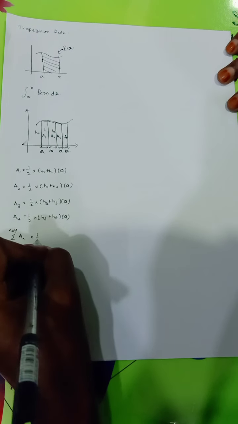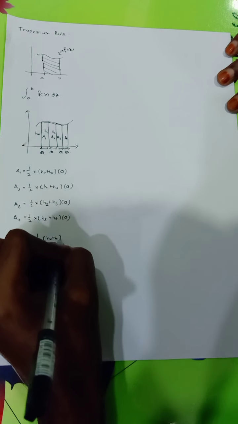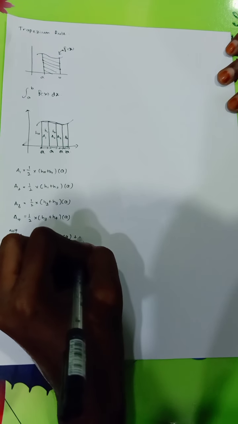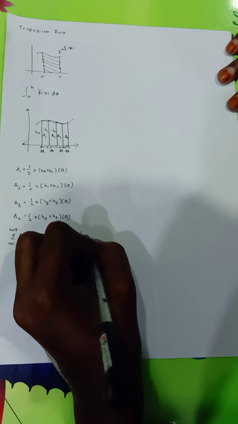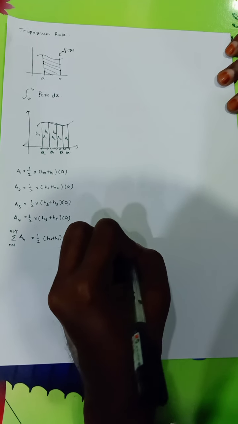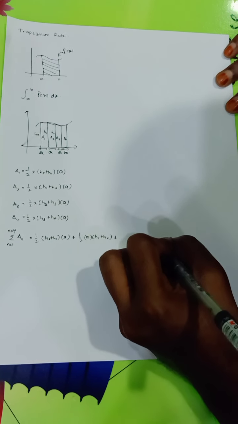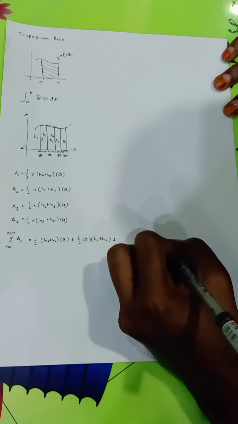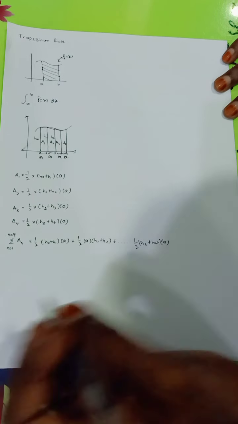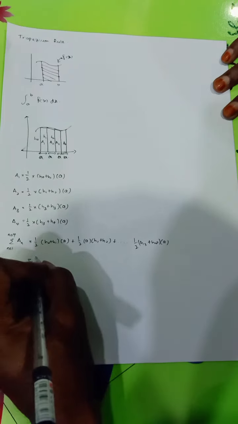So it's going to be 1/2 (H0 plus H1) A plus 1/2 A (H1 plus H2) until 1/2 (H3 plus H4) A. I can factorize this.